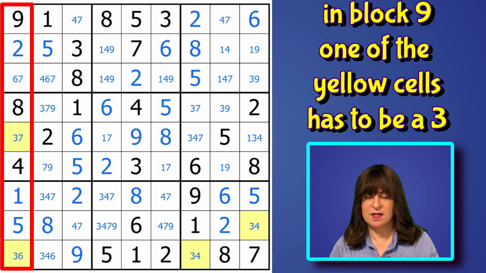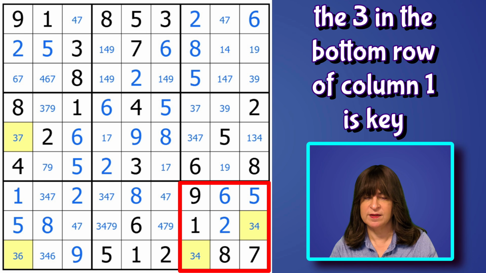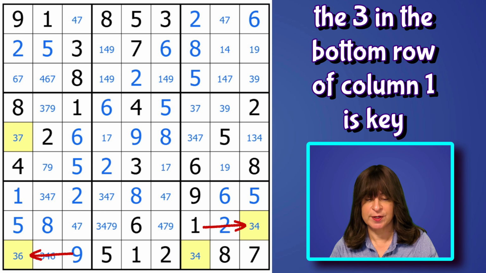So let's go back to column 1. If this cell in the bottom row is the 3, then this cell in block 9 can't be a 3. And since there's only one other cell in the block that could be a 3, this would have to be the 3. So if this first cell is a 3, then this cell is a 3.